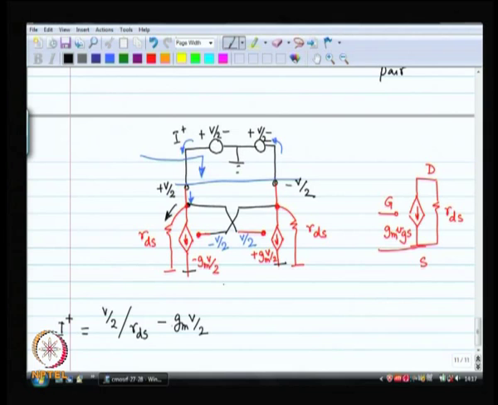Okay. And let us call this I minus, I am going to change the direction over here, I minus. It is interesting to see that I minus is going to be the exact opposite of I plus, which is something that is nice.